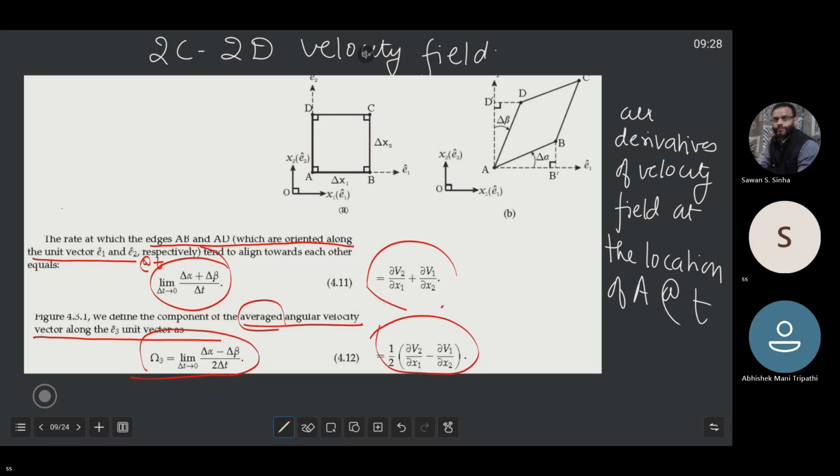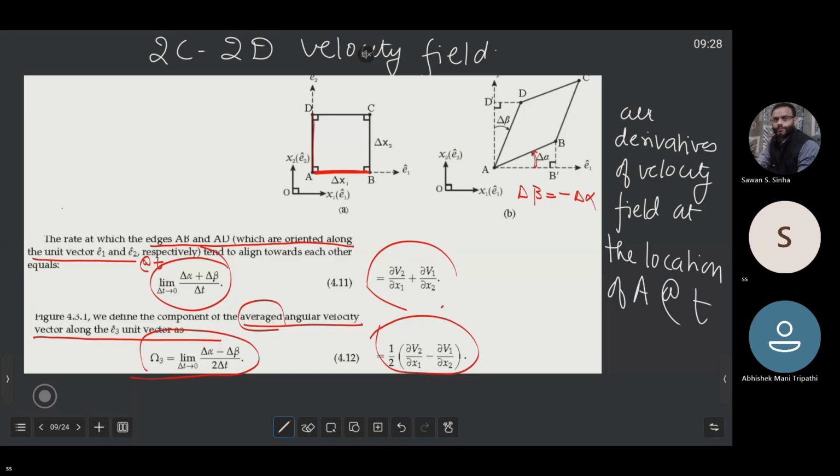Since a fluid element is not a rigid body, the rate at which this edge is misaligning will be different from the rate at which this one is misaligning. If it was a rigid body, if this angle is delta alpha, delta beta has to be minus delta alpha. You think about it.